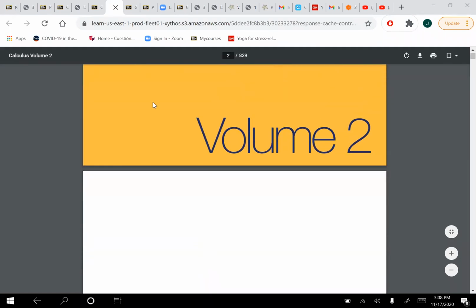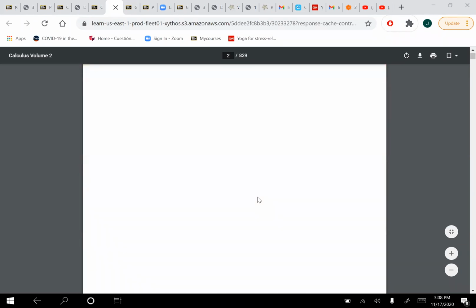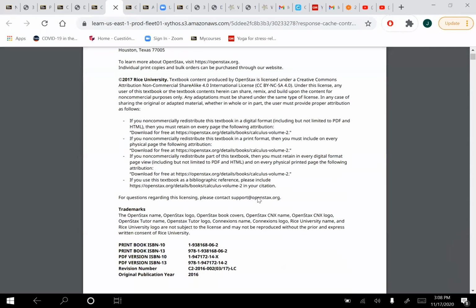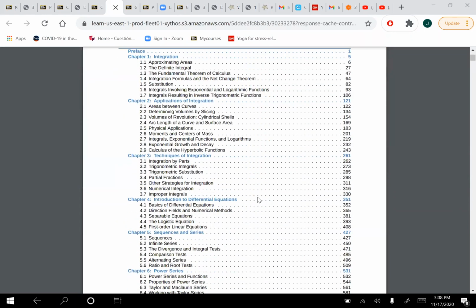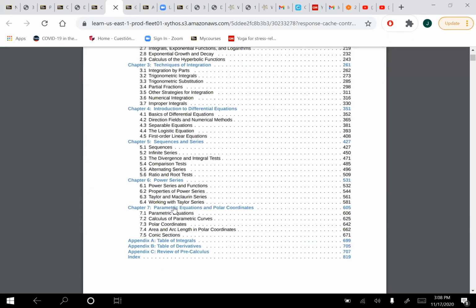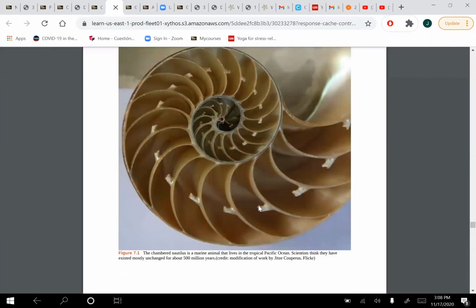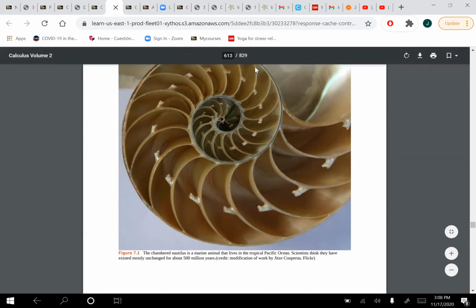And also it says 829 pages, but it's just because it's very spread out. I think they could do a better job because it looks scary. But we're basically here: parametric equations and polar coordinates. And you see what I was talking about. This is a totally parameterization in nature.